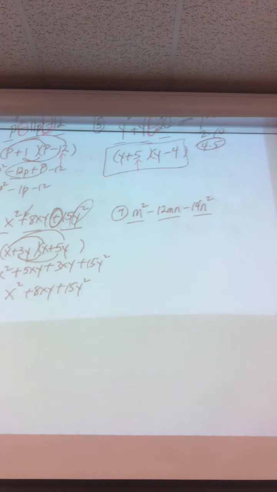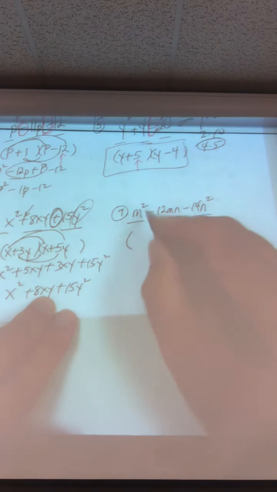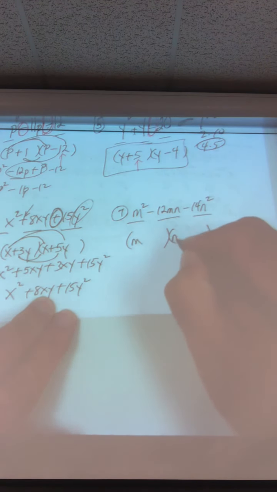Is there an m in every term? No. Is there an n in every term? No. So this does not have a GCF. If it doesn't have a GCF, then the next thing we do is break it up into two sets of parentheses. m squared is m times m.